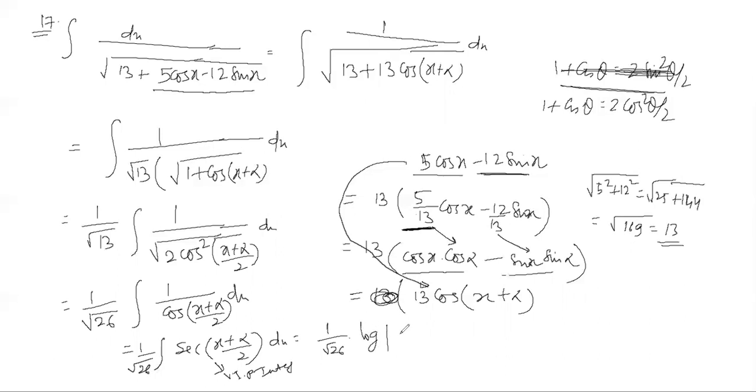Log of sec x plus alpha upon 2 plus tan x plus alpha upon 2, and we have to divide this value by the coefficient of x. Coefficient of x is 1 by 2, plus c.